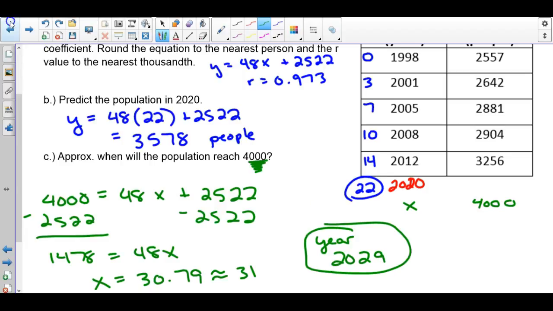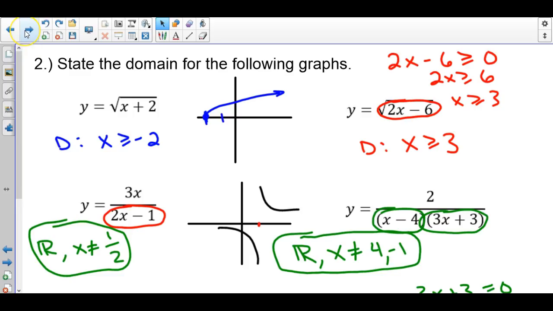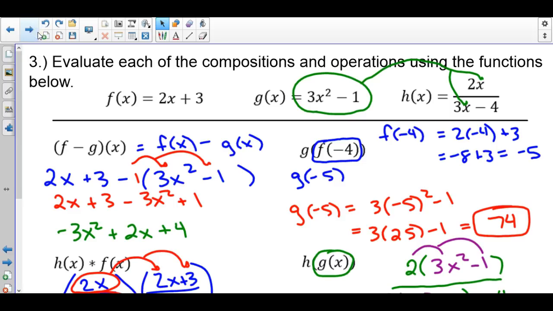Okay, quick recap. Again, we did linear equations talking about slope and y-intercept and calculating the slope, parallel and perpendicular lines. Went through the domain of two different types of graph, the square root graph and the rational function. We looked at compositions and different operations of various functions and evaluating inputs in different functions.